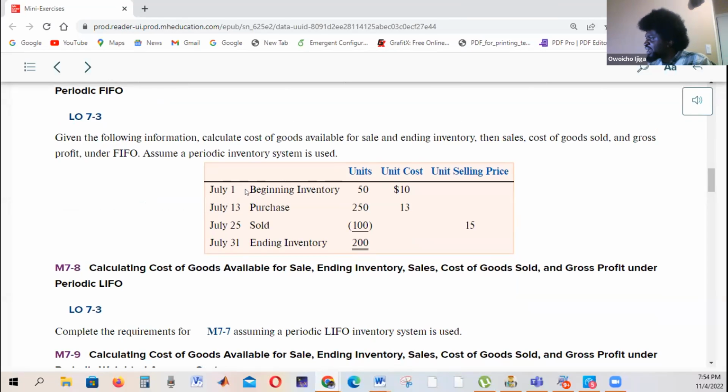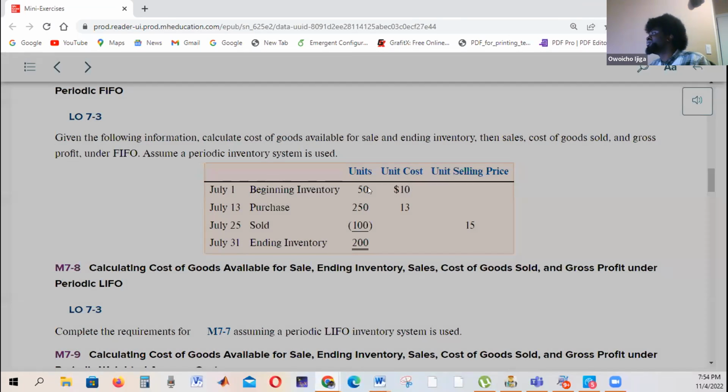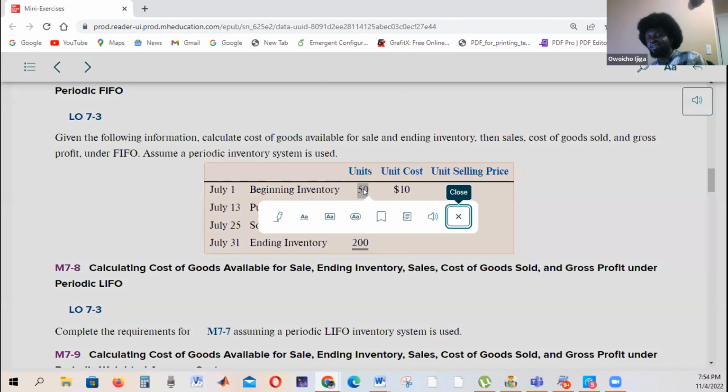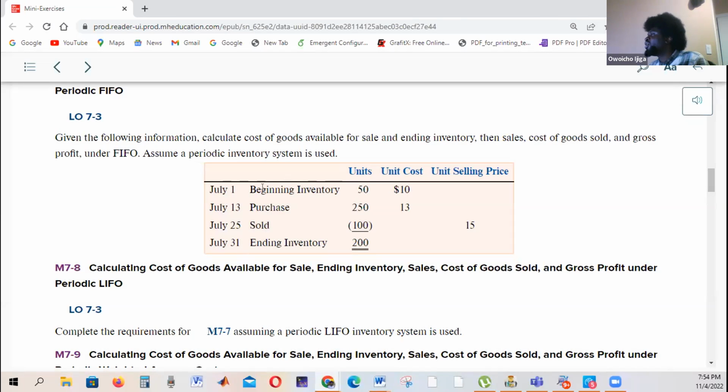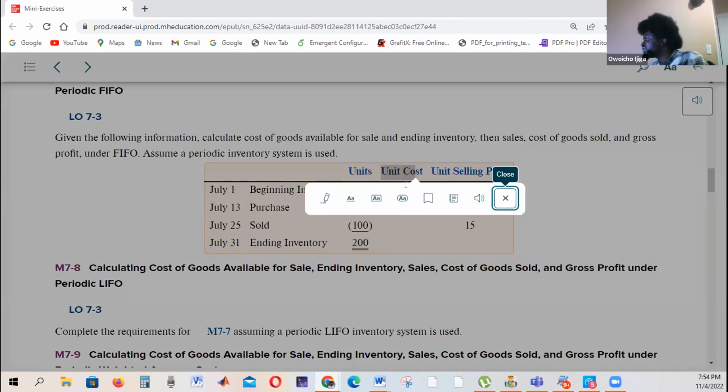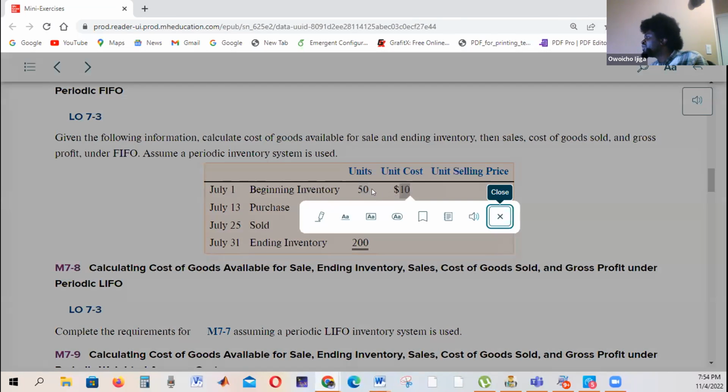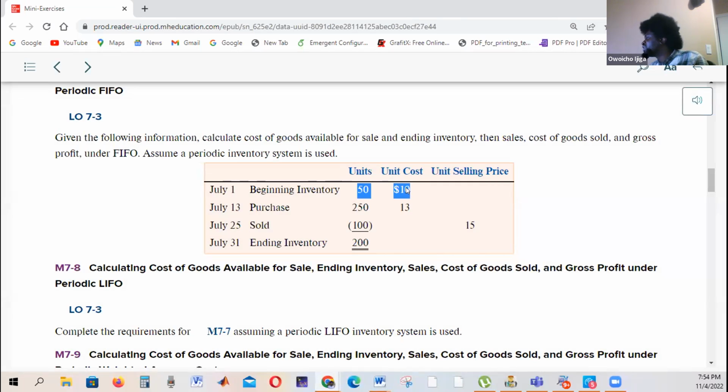Here, this business on 1st July had a beginning inventory of 50 units, let's say 50 bottles of Gatorade on the 1st of July. And one bottle cost $10. That means the total Gatorade in the store becomes $500 worth. The unit cost times the units gives you the cost of beginning inventory.